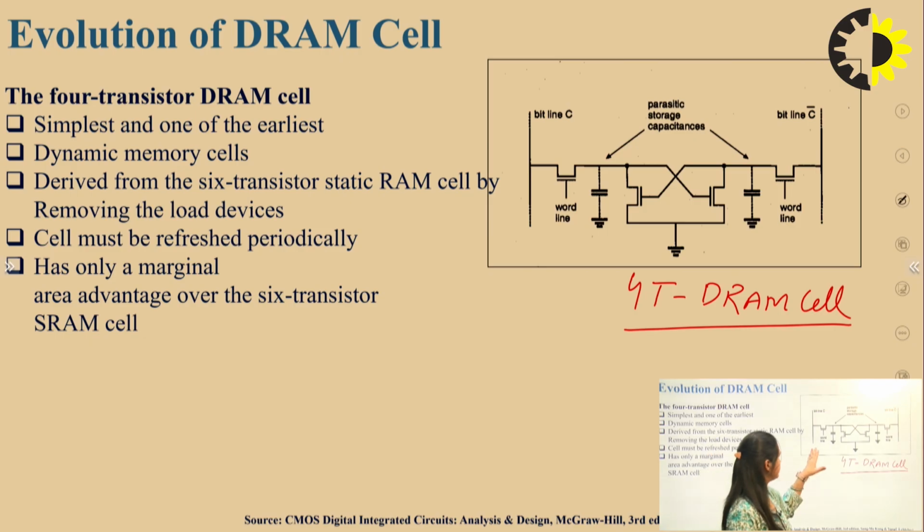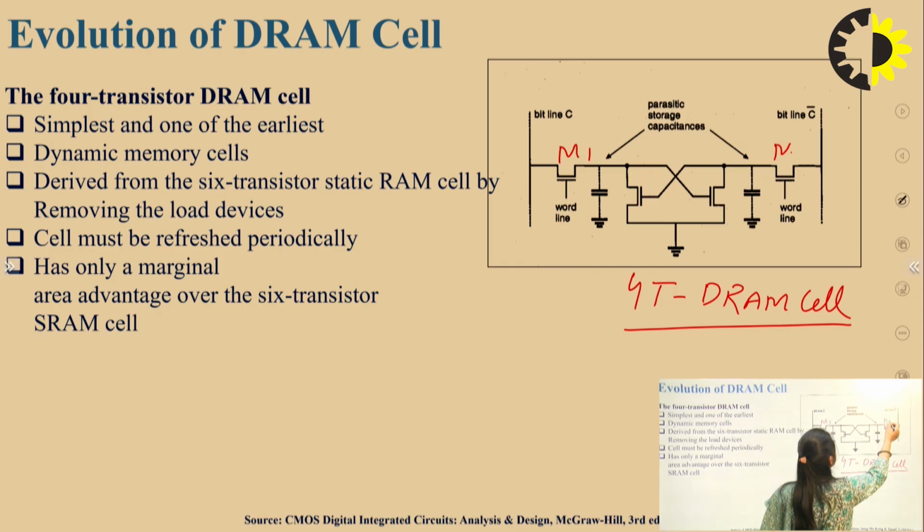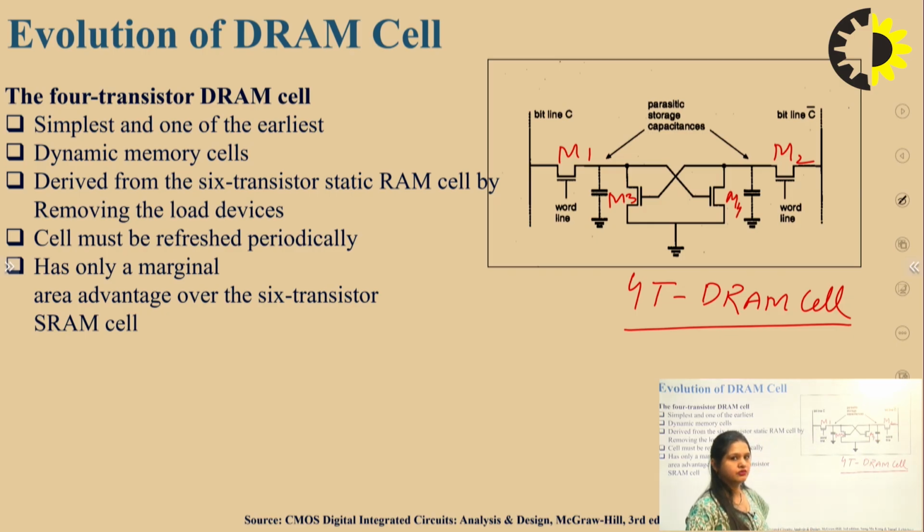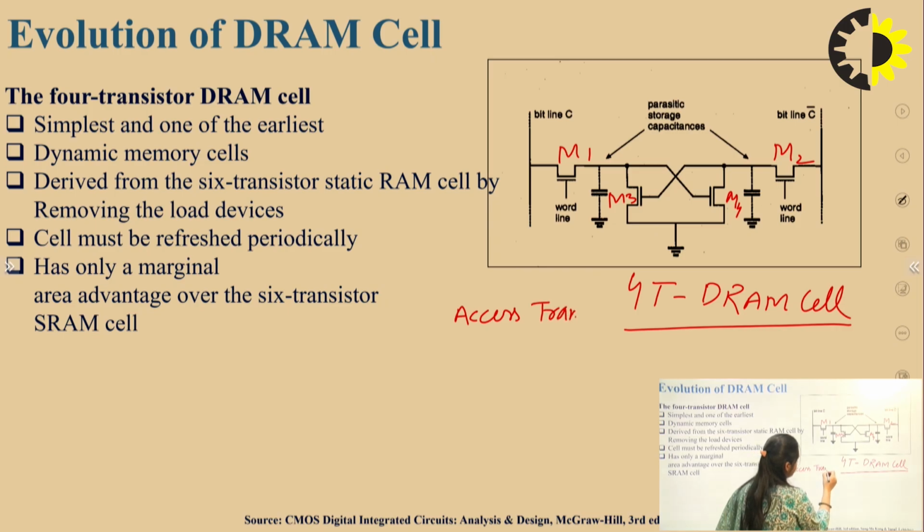In this diagram there are 2 bit lines, one is bit line C and the second one is bit line C bar. There is a word line which is connected to M1, M2, M3 and M4. These are the 4 transistors in the 4T DRAM cell. The word line is connected to M1 and M2, which are known as access transistors, through which we are accessing the memory.